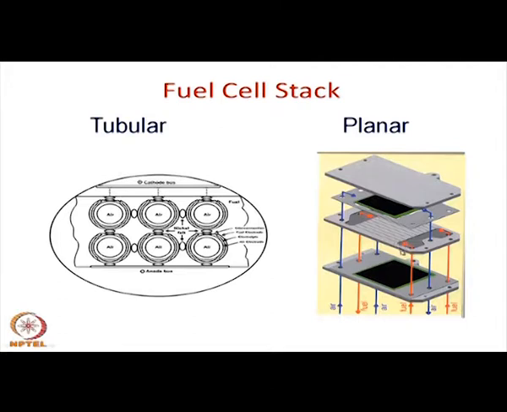because as the fuel or the gas enters on one side, it immediately reacts on that side, and less and less amount of the gases is available as it flows across the channels. So, the channel dimensions are very important, the flow rates have to be uniform, and the consumption of the gases also has to be uniform over the whole area of the electrolyte or the plate or the single cells.